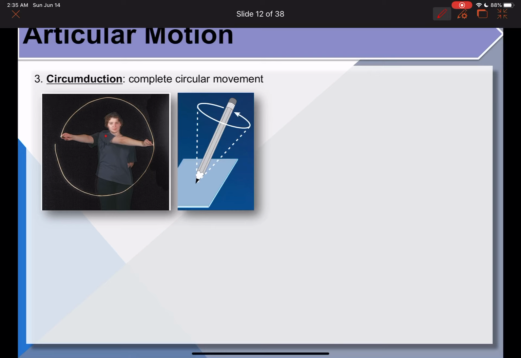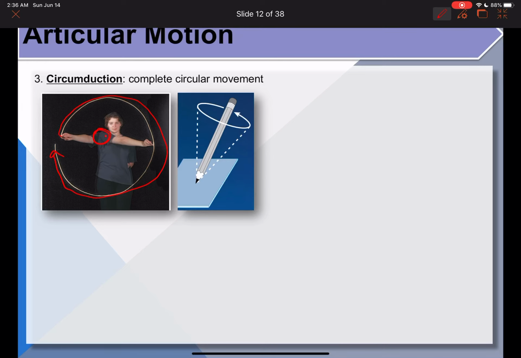And then we have circumduction. This one is easy to remember. If you know what circumference is, the perimeter of a circle, that means circumduction has something to do with a circle. So you're forming this circular motion with your shoulder joint, for example. Like if you were to draw a huge circle on the board, you just need to keep your elbow straight with the chalk or marker in your hand, and then do a big circle around the board, okay?